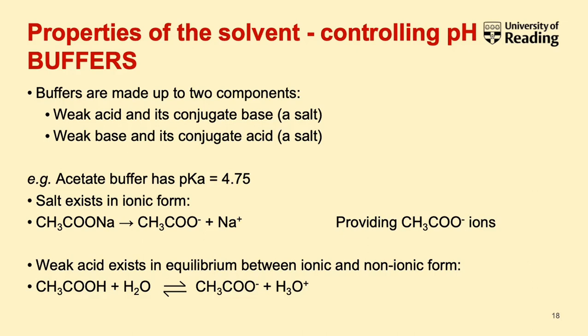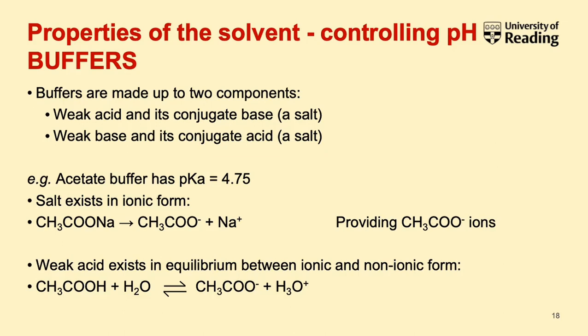A buffer is an example of a weak acid and a conjugate base. The conjugate base provides the ions at appropriate high concentration. For this example here, the acetate ions at high enough concentration. And the acid is in equilibrium in ionized and unionized form, and it shifts to account for the ions coming from the conjugate base, which is the salt, making it so that both the conjugate base and the acid are in appreciable quantities and so able to buffer.